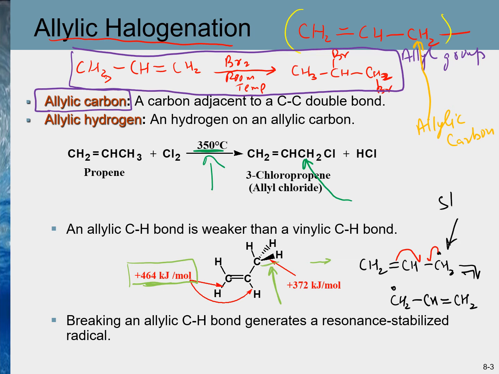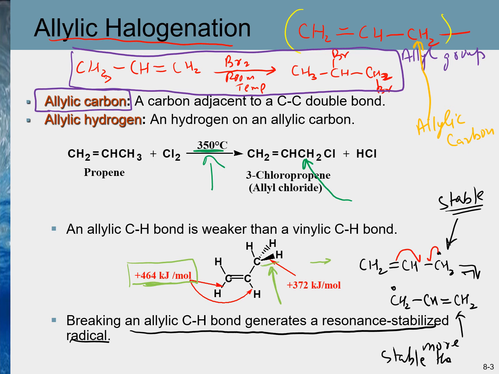In fact, the allylic radical is even more stable than a tertiary radical. So breaking an allylic C-H bond generates a resonance stabilized radical, which is even more stable than a tertiary radical. So one thing is clear now: if a radical has to be formed, then alkenes prefer to form an allylic free radical rather than a radical at any other position, because allylic radicals are more stable.